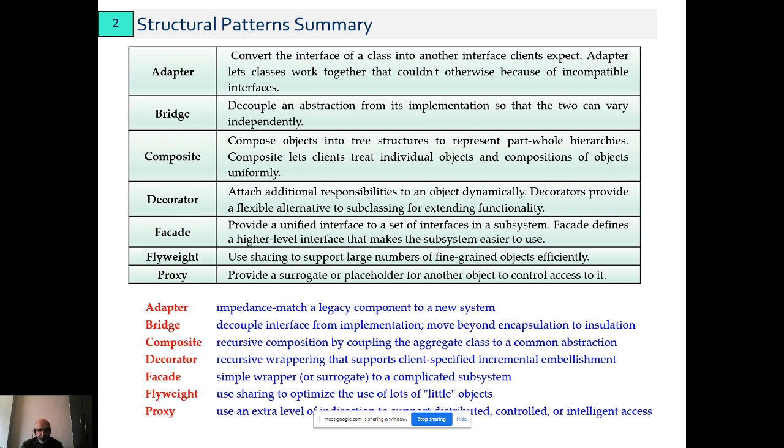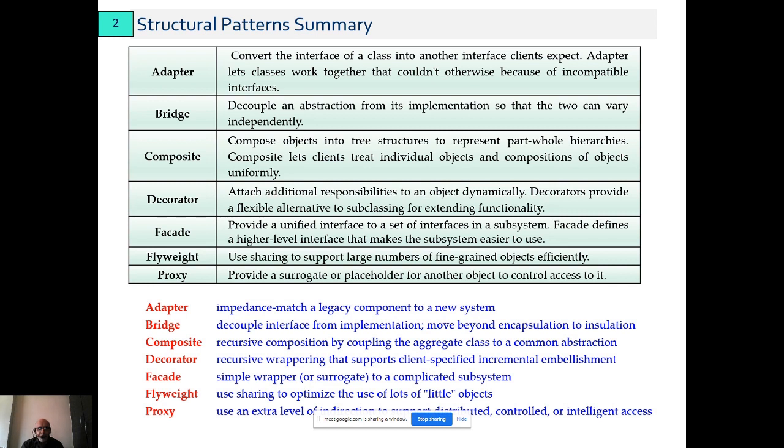ABCD F square P. Adapter: why use an adapter? To convert the interface of an object or a class into another interface that the client expects. Adapter lets classes work together that couldn't otherwise because of incompatible interfaces.